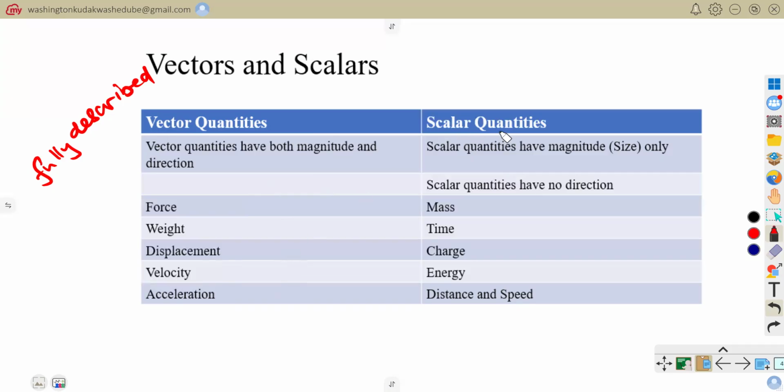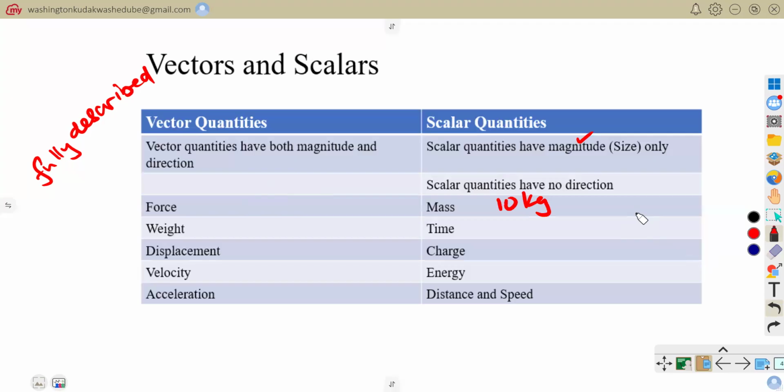But now, what about quantities which only have magnitude, which is size? Magnitude is what we refer to as size. For example, mass: you cannot say 10 kg to the east or 10 kgs to the north. When you want to describe the mass of an object, you just say that there is 10 kgs of rice.